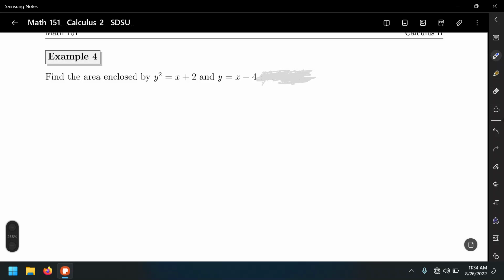All right, so sketch the graphs and see how we set up the integral. However, one of the functions here, in particular this first one, y squared equals x plus 2, it's actually not a function, if you notice, right? Because if we solve for y, we're going to get this plus or minus. We are going to have two different outputs for the same input, x. Well, even though it's not a function, there's a way around.